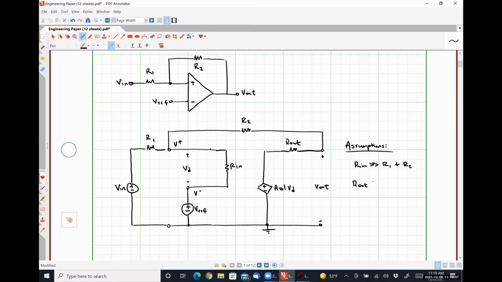And our output resistance is much less than R1 and R2.